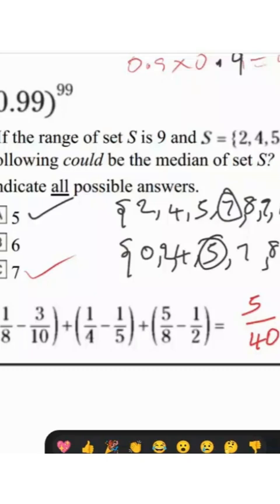Now let's add the numerators together. 5 minus 12 plus 10 minus 8 plus 25 minus 20. Can you confirm that it is 0? 0 divided by 40 is 0.